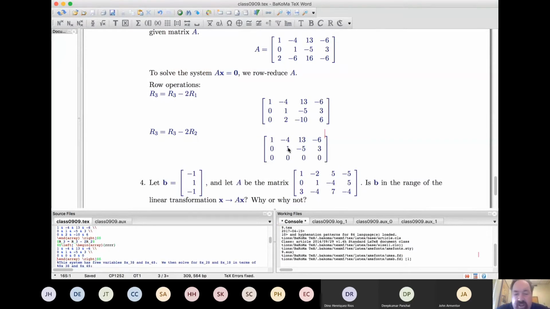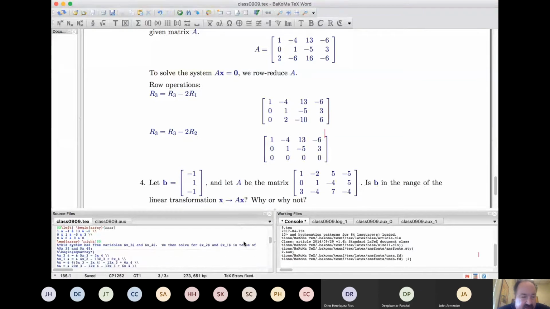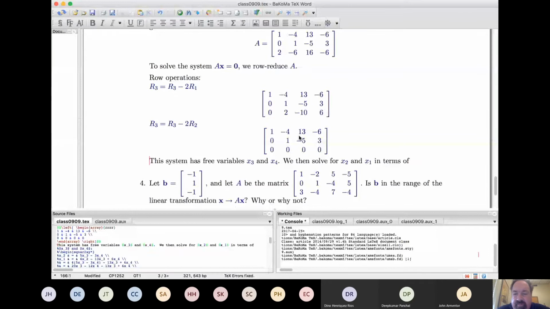So here we have 3 rows, 4 columns. We only have 2 pivot positions. So what you can tell right off the bat is you're going to have free variables, 2 of them, x3 and x4, because we have pivot positions in the first and second columns.